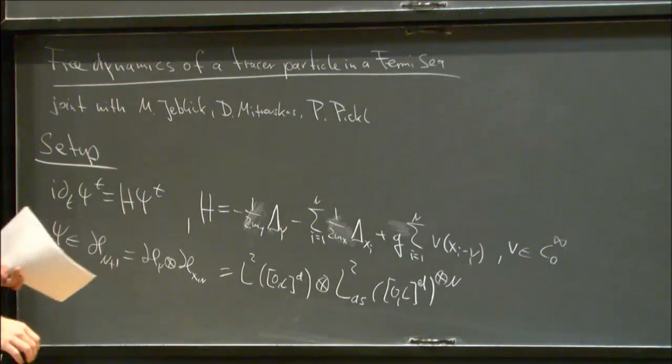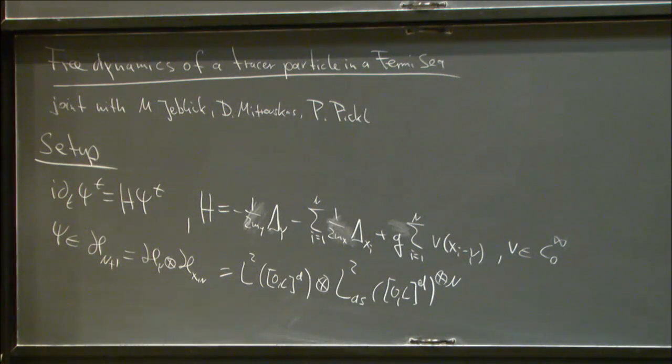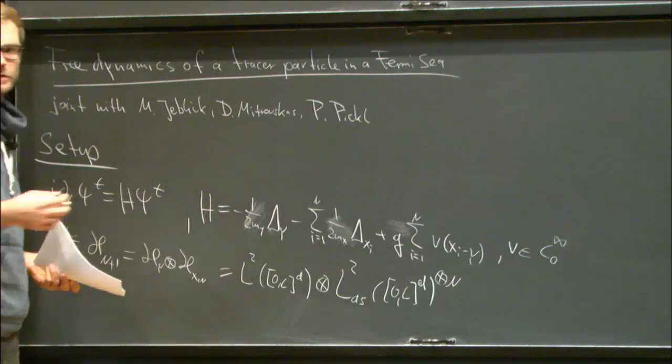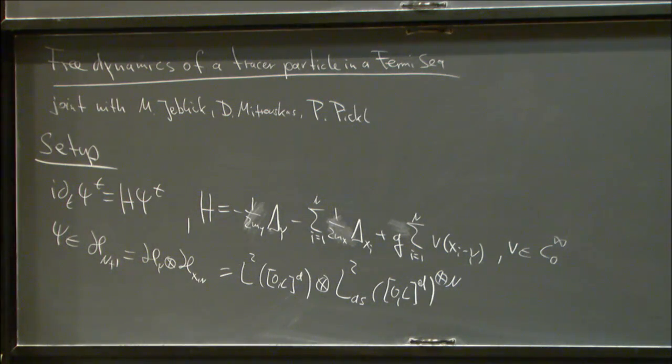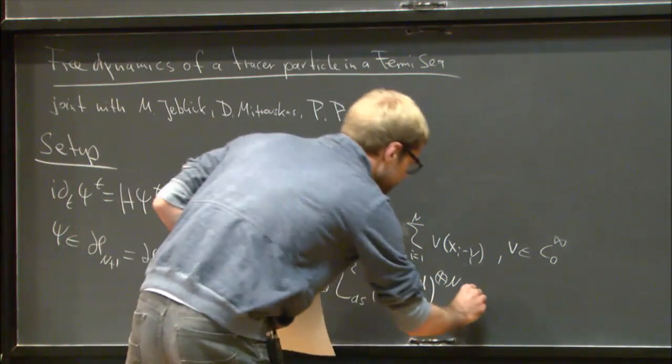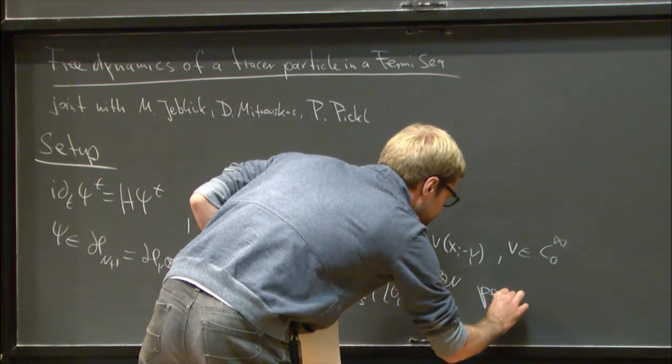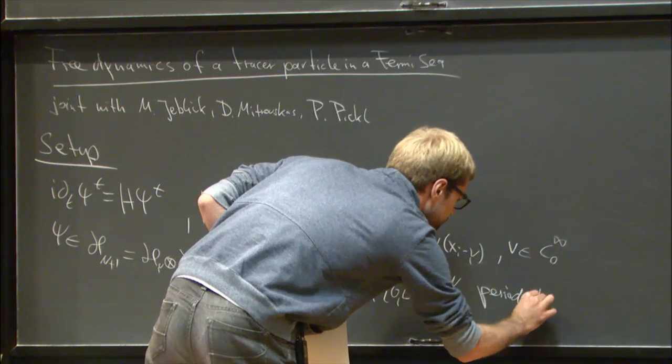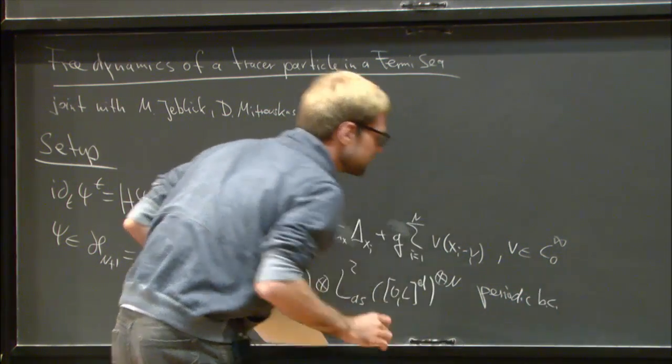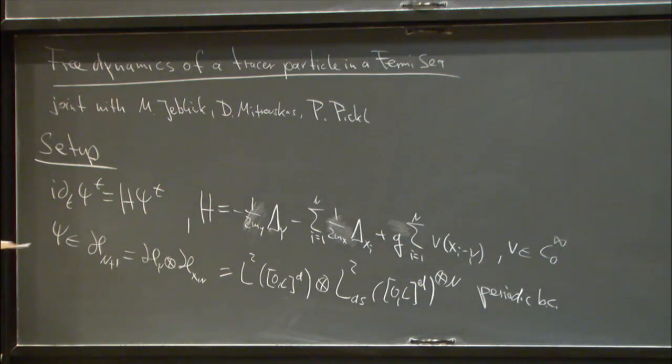So I have an antisymmetrization between the gas particles, but the one tracer particle is an extra particle that is not antisymmetrized with the other particles. And I'll always use periodic boundary conditions. So I don't want to look at any effects coming from the boundary. I just have periodic boundary conditions.